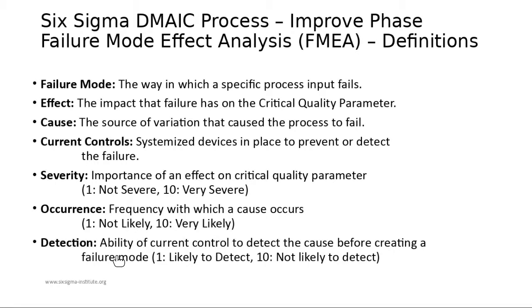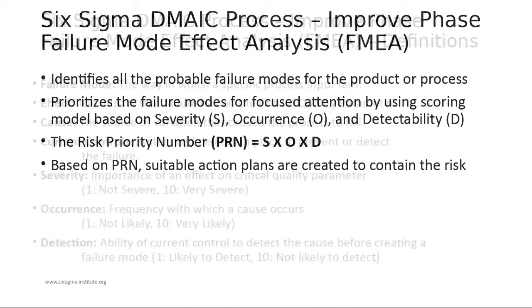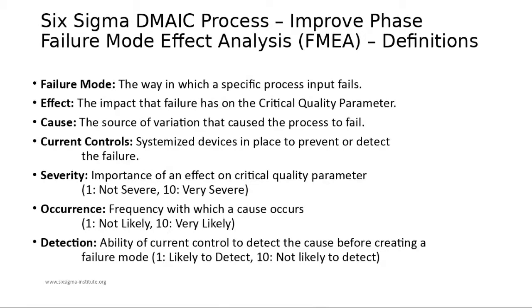Then you prioritize by the highest RPN number, the risk priority number, and focus on that, because it means high severity, high frequency, and high detection difficulty. So it is very important to focus on the one with the high RPN number.